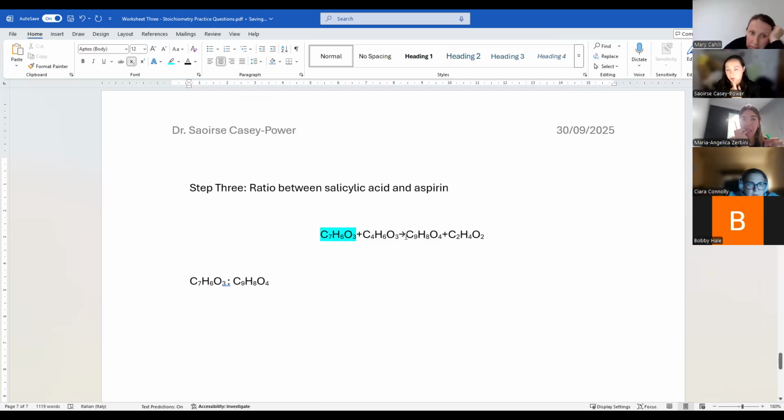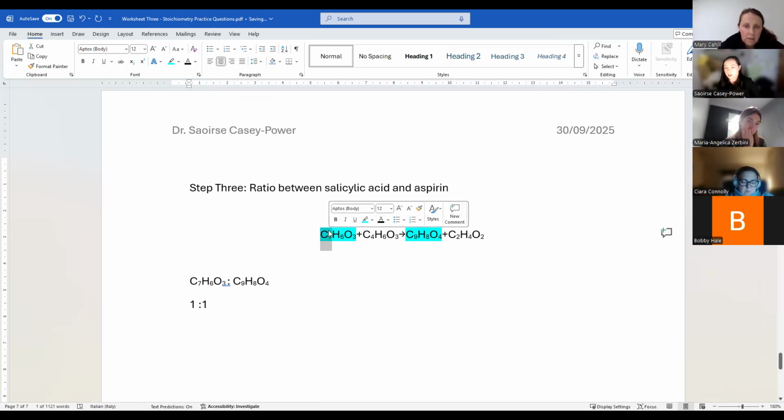Okay, so just looking at these two in particular. Okay, because they have no coefficients there, it's a 1:1 reaction. Okay, so I know that if 1 mole of salicylic acid is used, so we don't include the 1 there, but if I use 1 mole of salicylic acid, it will form 1 mole of my aspirin. Okay, so the ones just aren't visible there, but it's a 1:1.